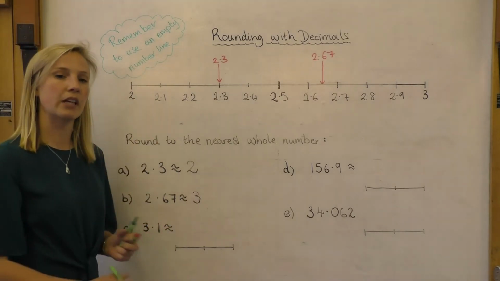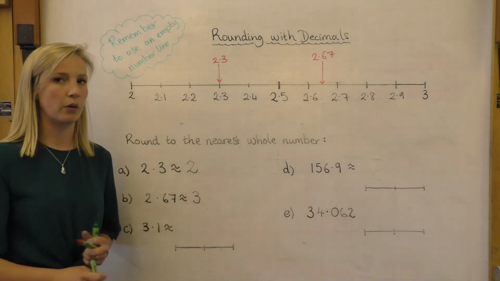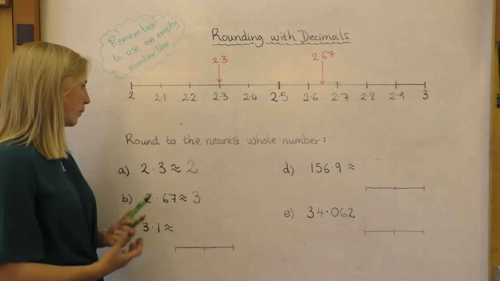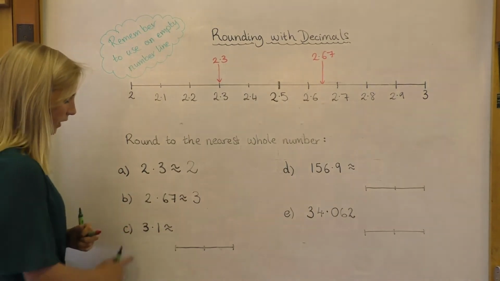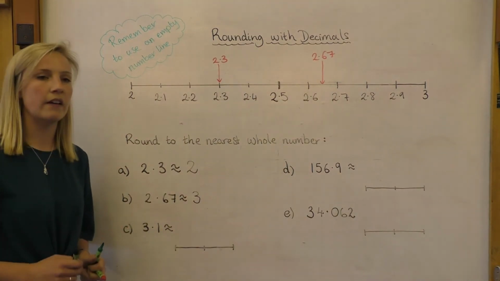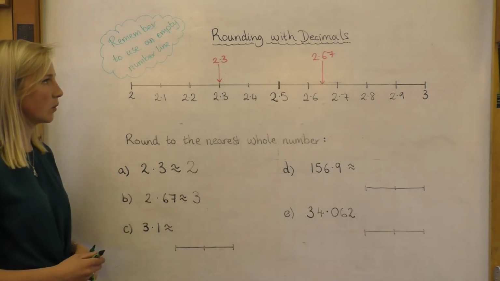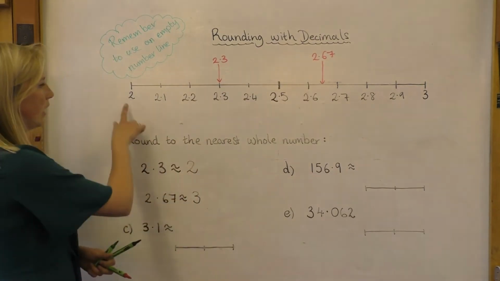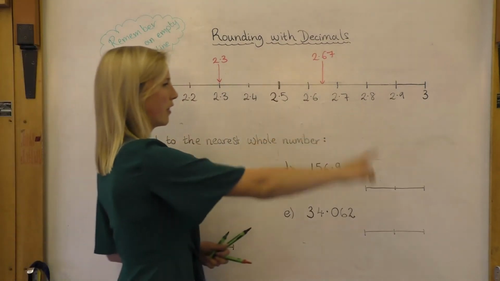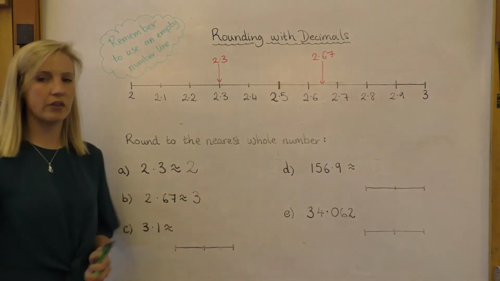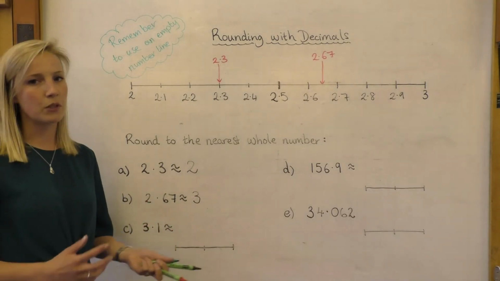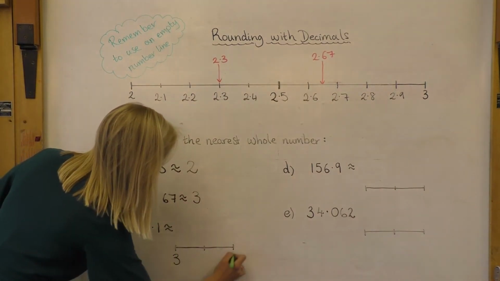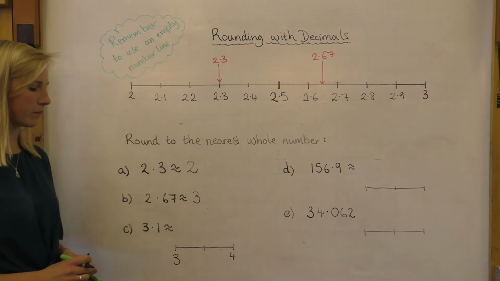Now that principle can be used for any other number when we look at rounding to whole numbers, as long as we set up our straightforward empty number line. So first I'm going to think about rounding 3.1 to the nearest whole number. Well, when I was dealing with 2.67 and 2.3, it was between the whole numbers of 2 and 3. But when I think about the number 3.1, it doesn't lie between 2 and 3. It in fact lies between the whole numbers of 3 and 4.